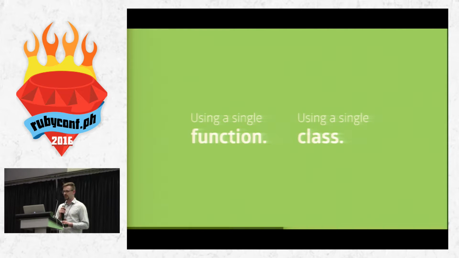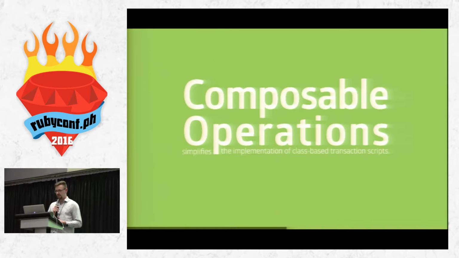The other, slightly more complex solution is to model them as an entire class. That is what I want to talk about for those really complex business transactions where you would end up with a method hundreds of lines long. You might want to break it down into a single class or even a pipeline of multiple classes.